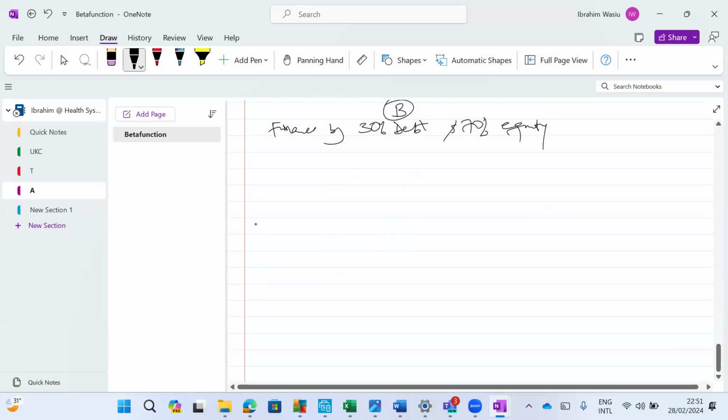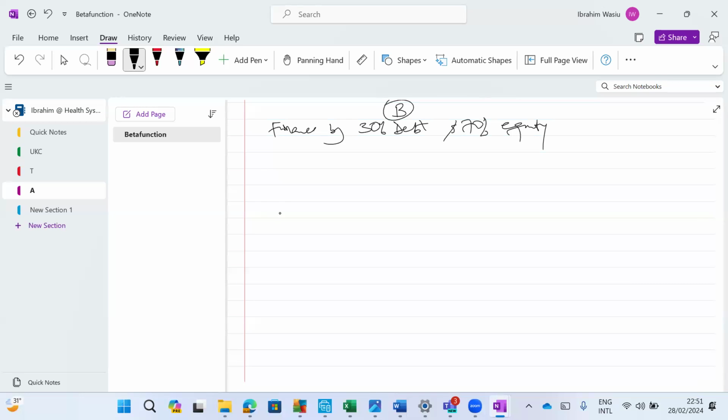I think there's no need calculating it, because since this gearing is the same as the proxy company, it will still give us 1.6. So it's best to just apply 1.6 in the CAPM formula to get the cost of equity. Yes, ma'am. It gives us the same thing.